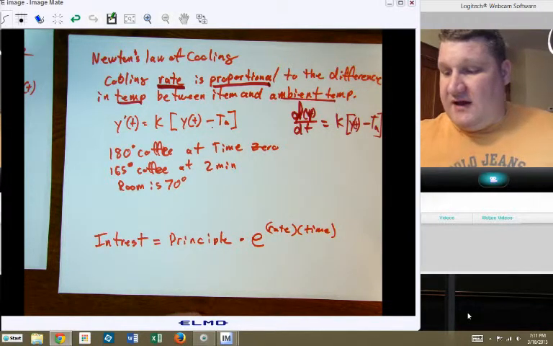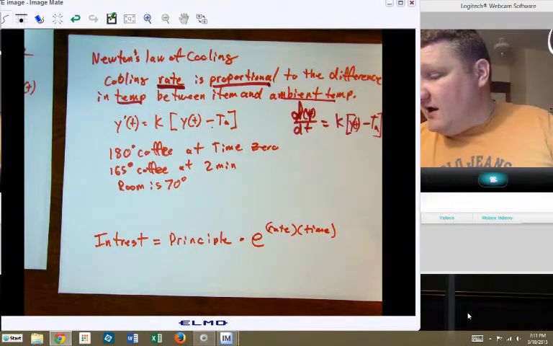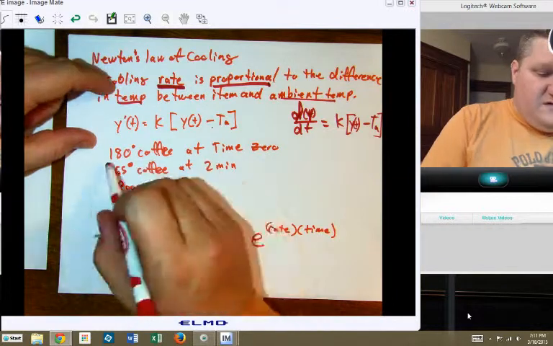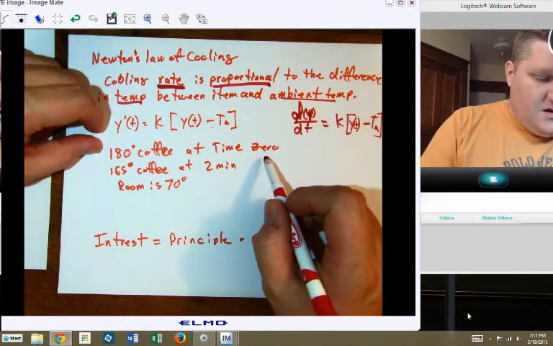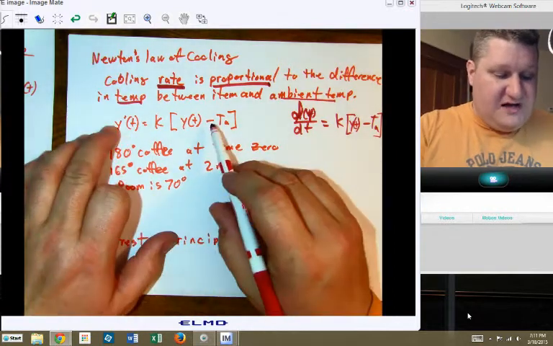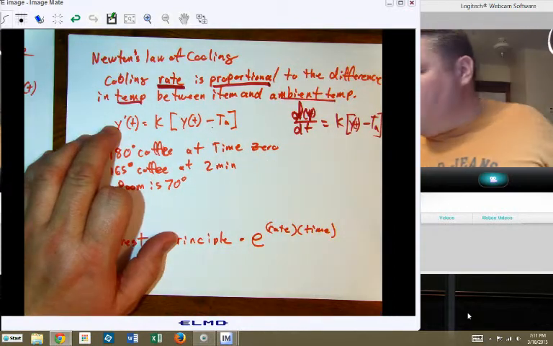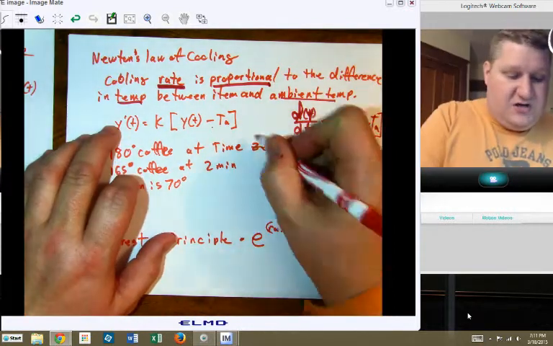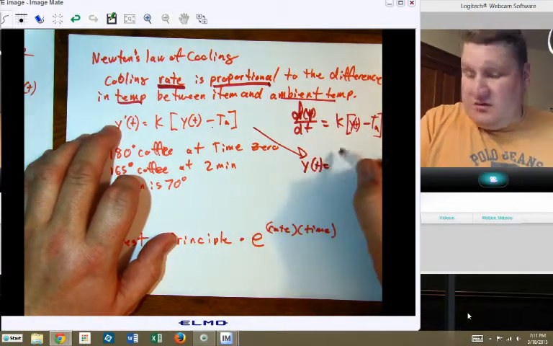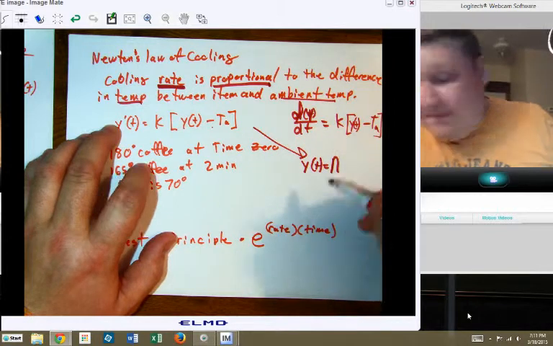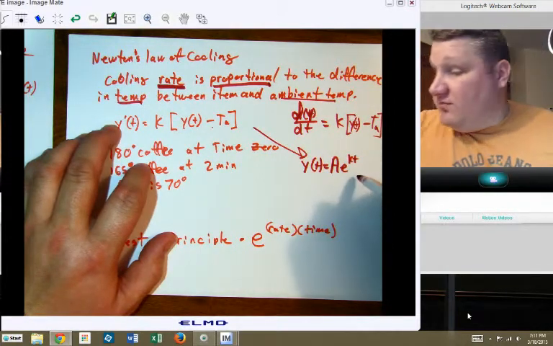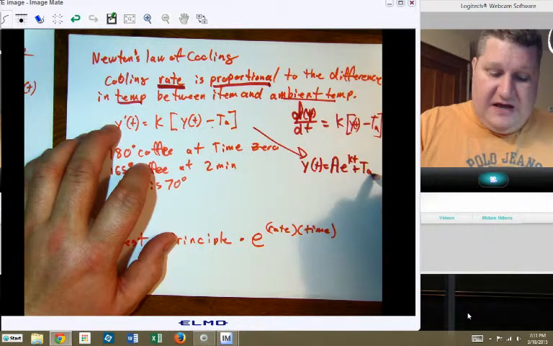You can plug that in and come up with, first of all, using the initial condition, we would break it all up, integrate both sides, and when you do that, it's going to come out for a general equation of y of t equals a e to the kt plus T_a.